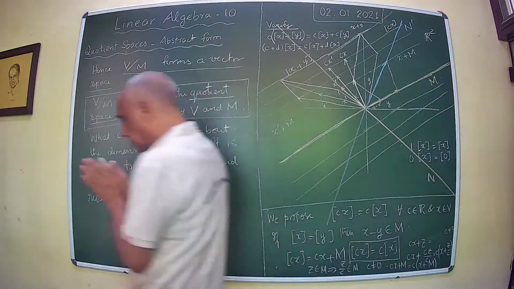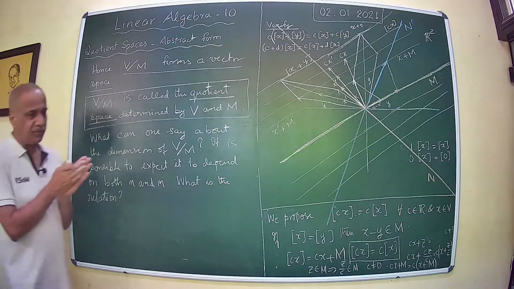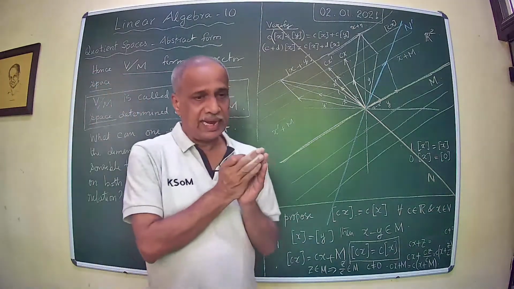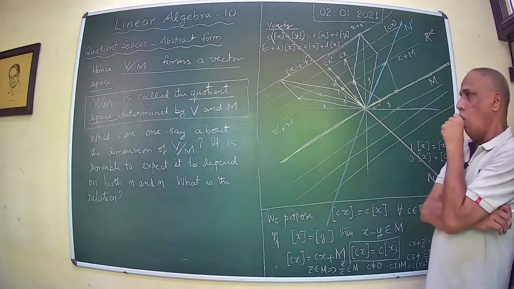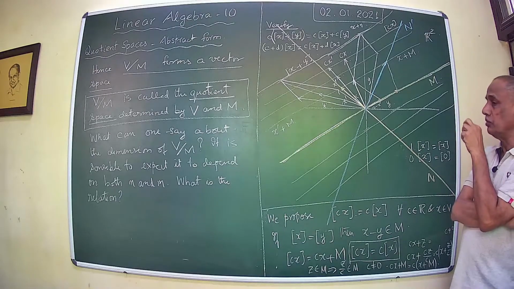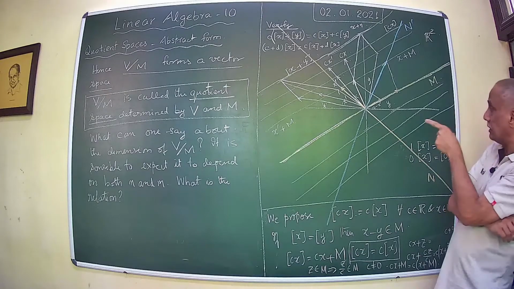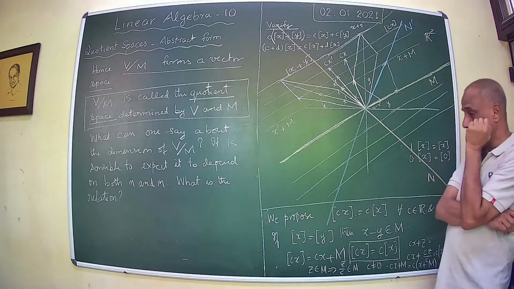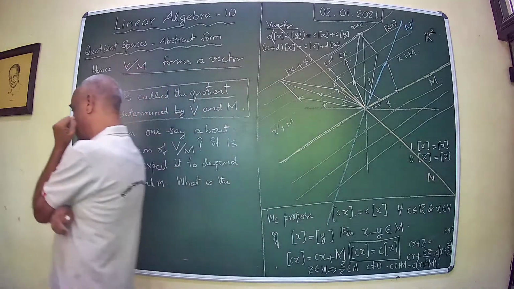In the case of R3, suppose you were to start with a line through the origin as your M. Then you see that a complementary subspace that you would have is a plane passing through the origin which does not contain the line. Okay?